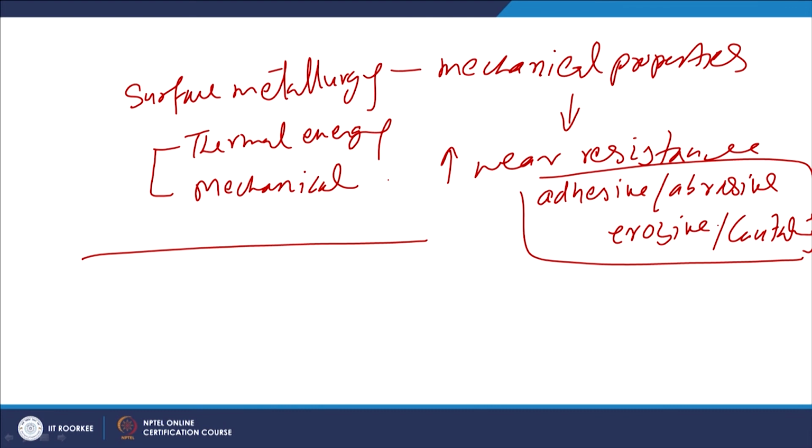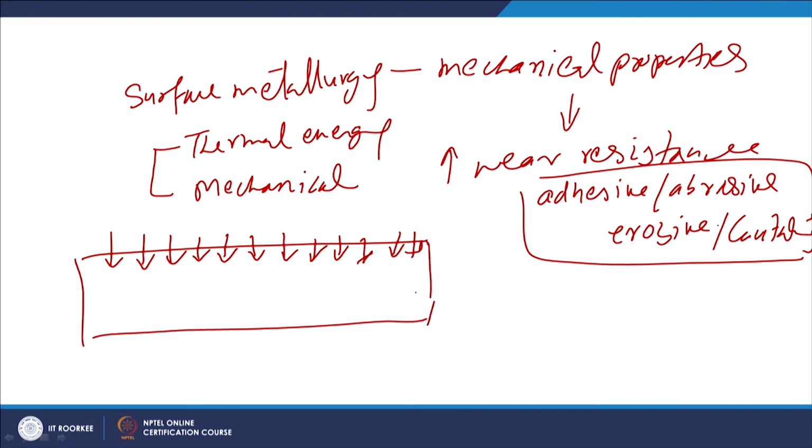Whenever thermal energy is applied, near surface layers are heated up to the required depth, followed by rapid cooling, so that the surface microstructure is modified and refined, and sometimes transformations also take place. These changes in turn lead to improvement in mechanical properties, and so improvement in wear resistance.